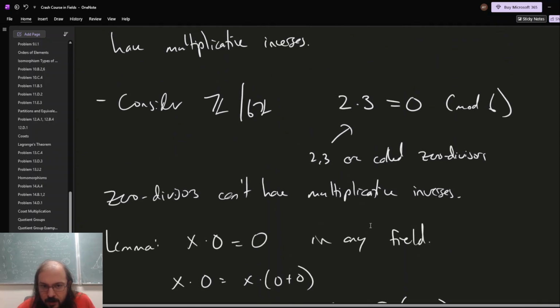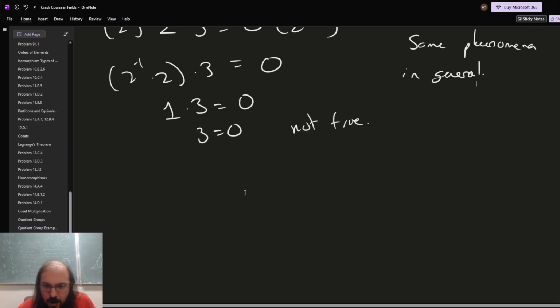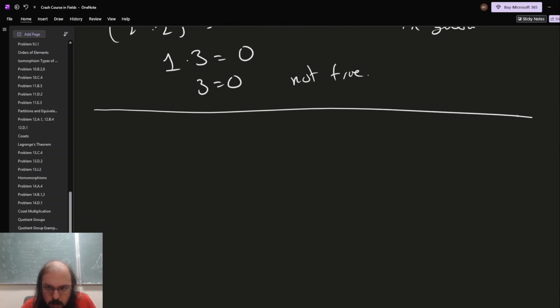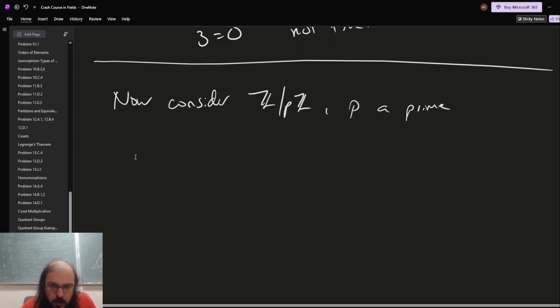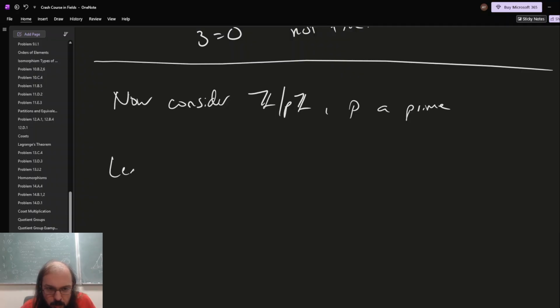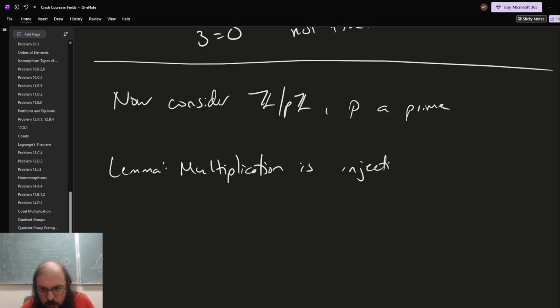And with this in mind, let's turn our attention to Z mod pZ now, with p prime. And here's my favorite proof of this fact. So what I'll do is prove a different lemma. Namely, multiplication is injective.